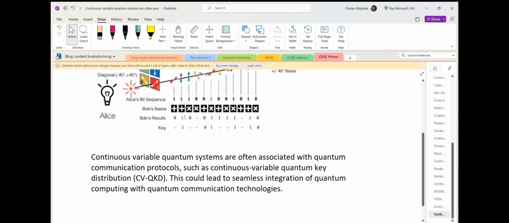So, this continuous variable quantum computing paradigm is usually done with photons, so there is a seamless integration of this continuous variable quantum computing architecture with the quantum communication technologies available. So this is another advantage of using the continuous variable quantum computing paradigm.